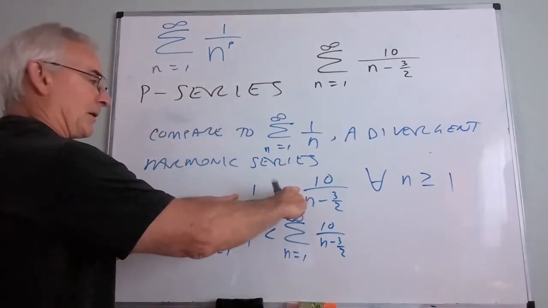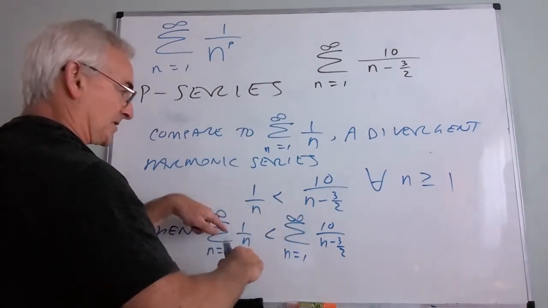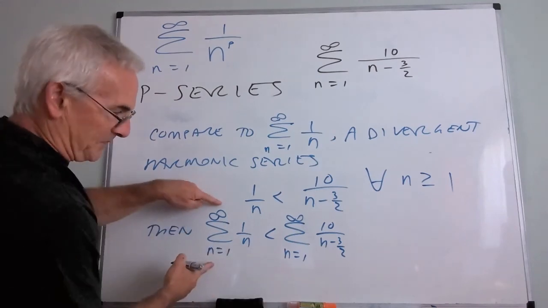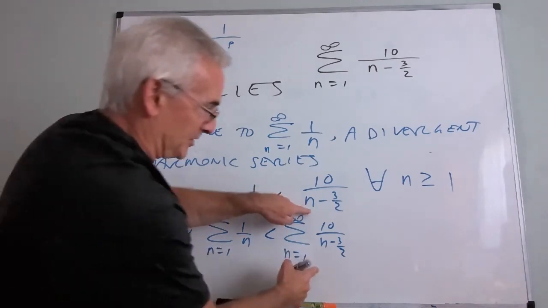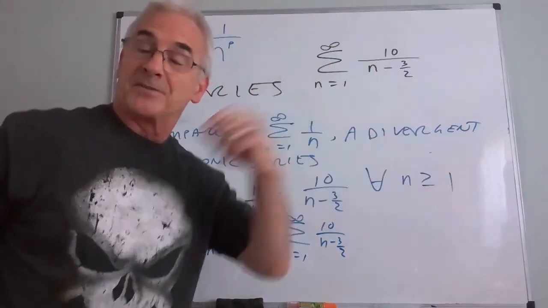We compared term by term and said, yep, it's always true. Therefore, when I add all these guys up, it's smaller than when I add all these guys up. This was infinite. This is bigger. This is my situation: I made an infinite amount of money and somebody else made more.